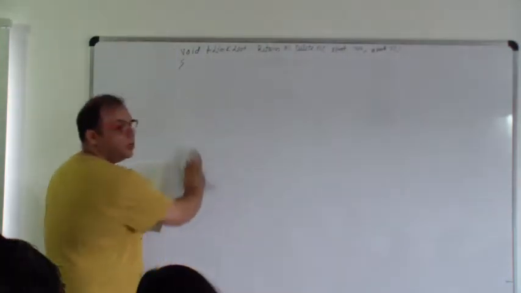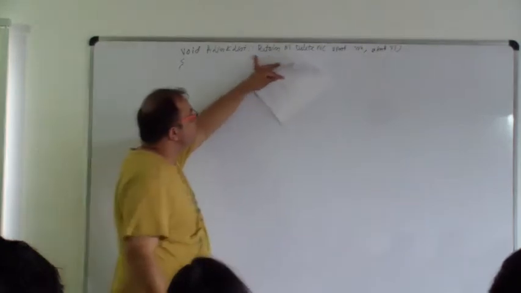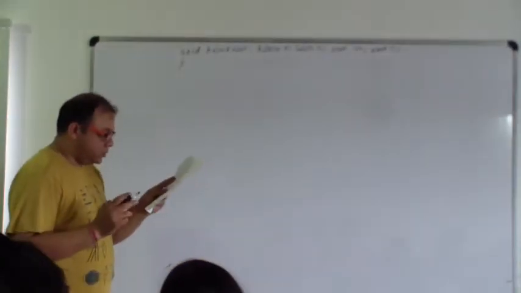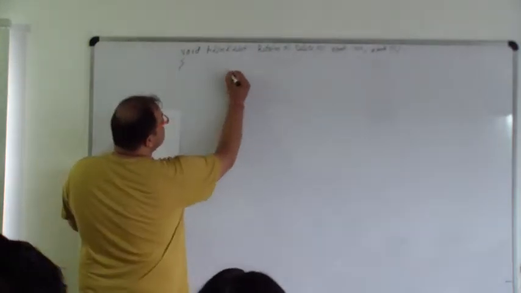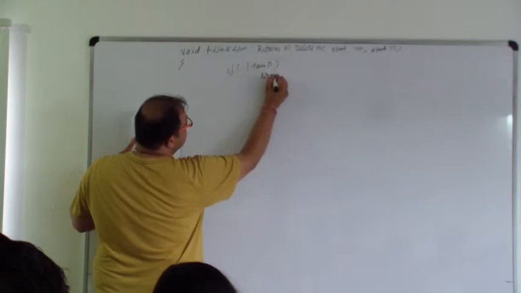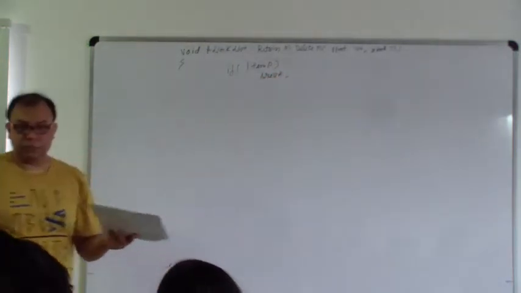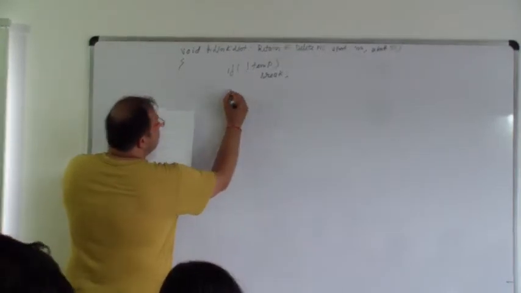I will actually write this code again and probably have a better solution, because I think this can be optimized. But anyway, if not temp, break. If the temp does not exist, you break, and now we have to delete.